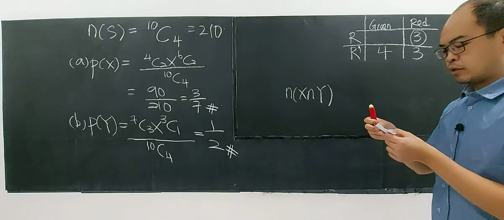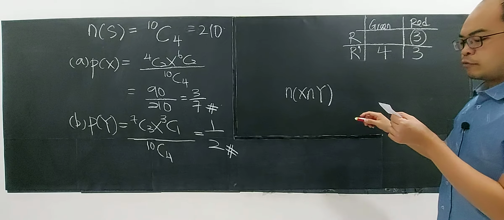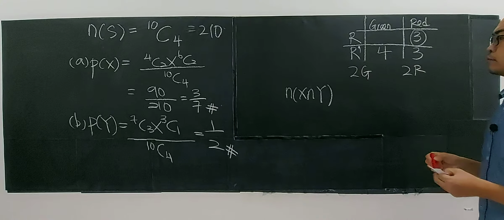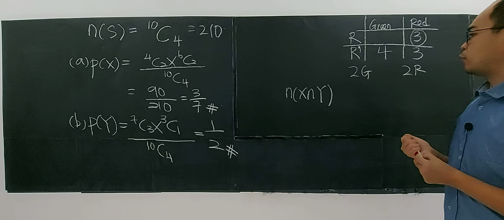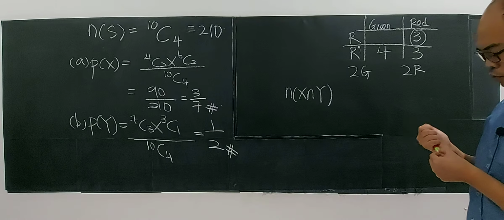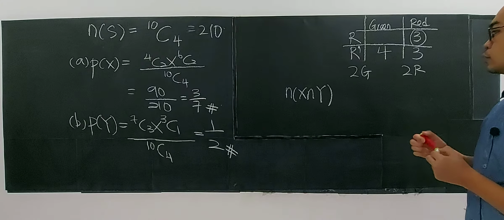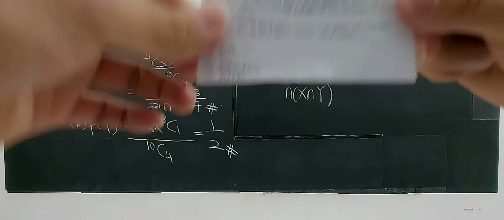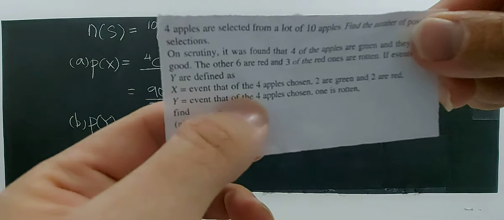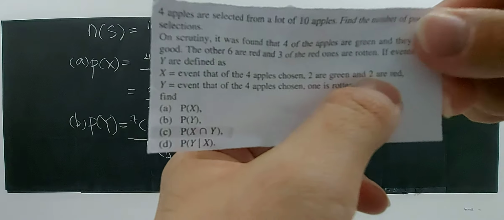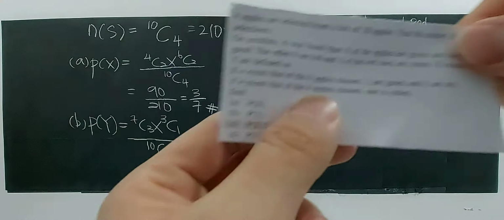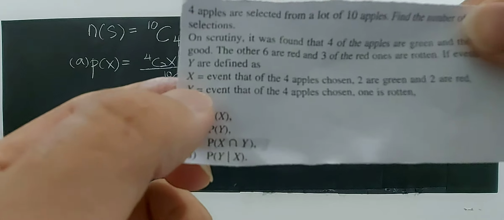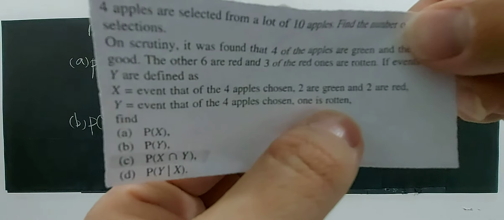First, event X says that of the 4 apples chosen, 2 must be green and 2 must be red. That is the first condition. The second condition, since the intersection means you must also satisfy event Y, is that of the 4 apples chosen, 1 is rotten.